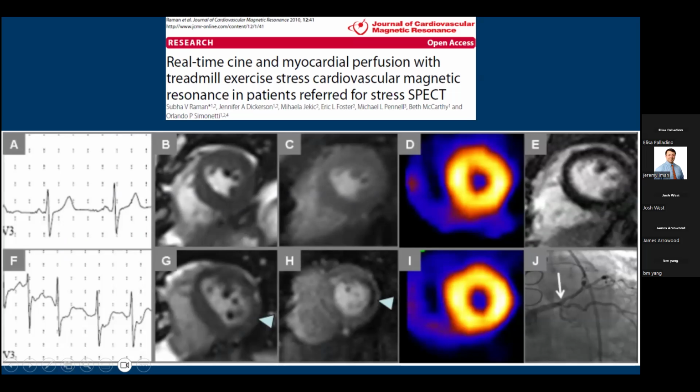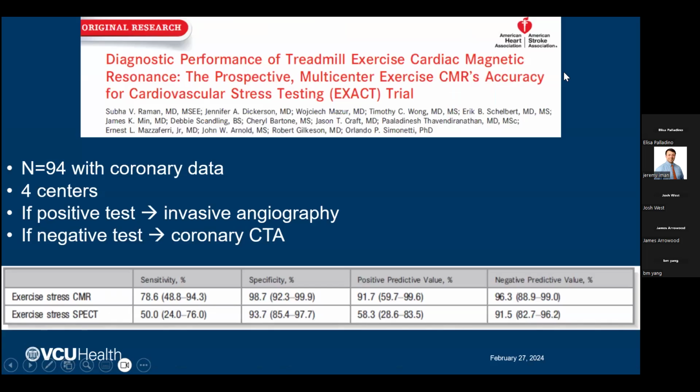There's no late gadolinium enhancement, and sure enough, there's a flow limiting stenosis in the ostial circ that was completely missed by SPECT imaging, and so it sort of is a nice display of the sensitivity of this modality. Not to mention the fact that they did have EKG changes, which we can also get. We could just get an ETT that's combined within this exercise CMR protocol.